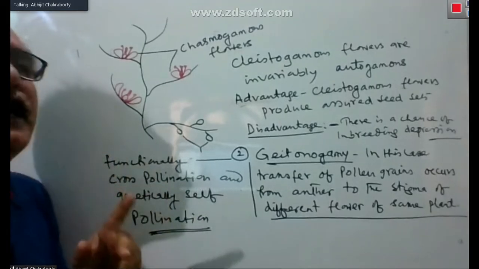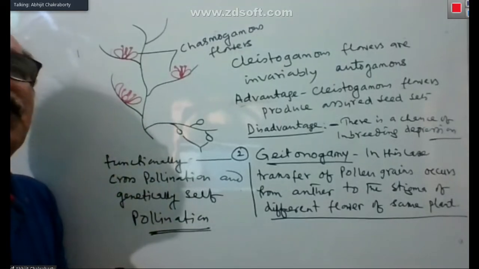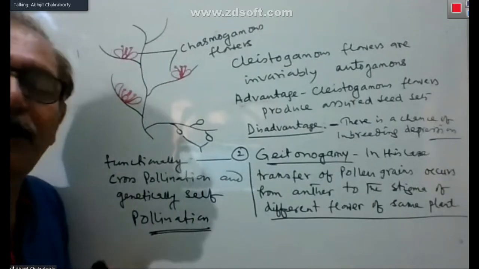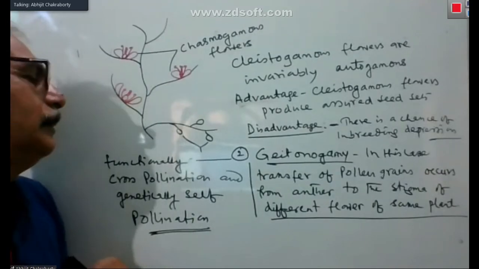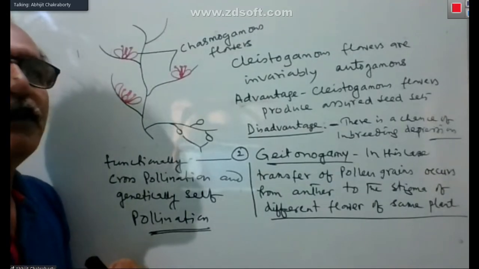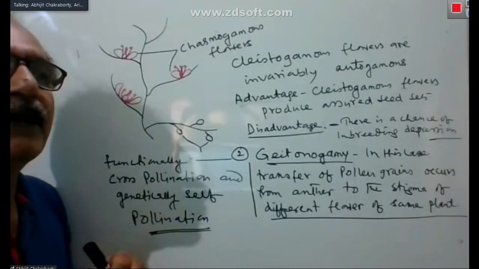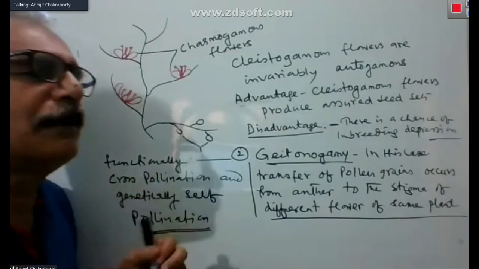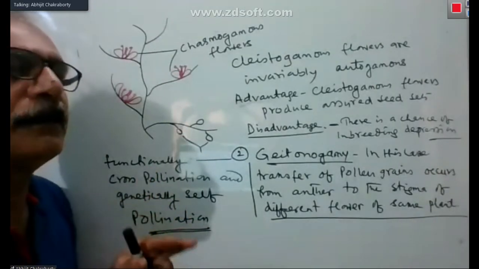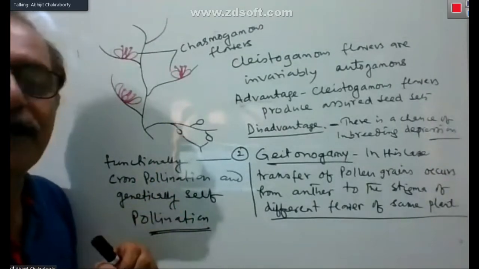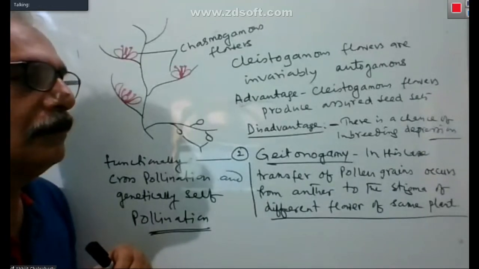Geitonogamy is functionally cross-pollination because two different flowers are involved in pollination, but it is genetically self-pollination because two flowers of the same plant are involved here.